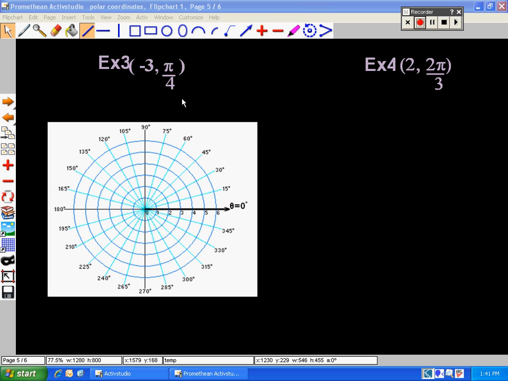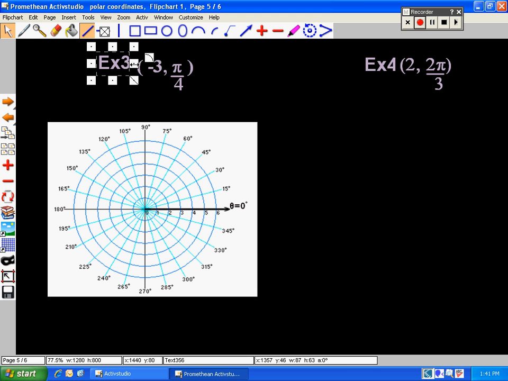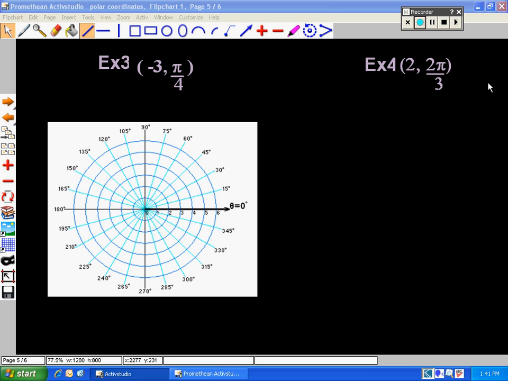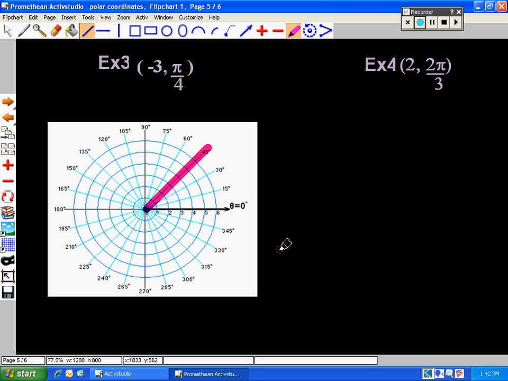Here's the next example. Now we have a negative r. We have negative 3, pi over 4. We still do the same process. Find the angle pi over 4. So pi over 4 is along this angle right here. There's my pi over 4 angle. Then my next step would be I would count out 3 radii. Well, this negative indicates you go in the opposite direction of that exact angle.